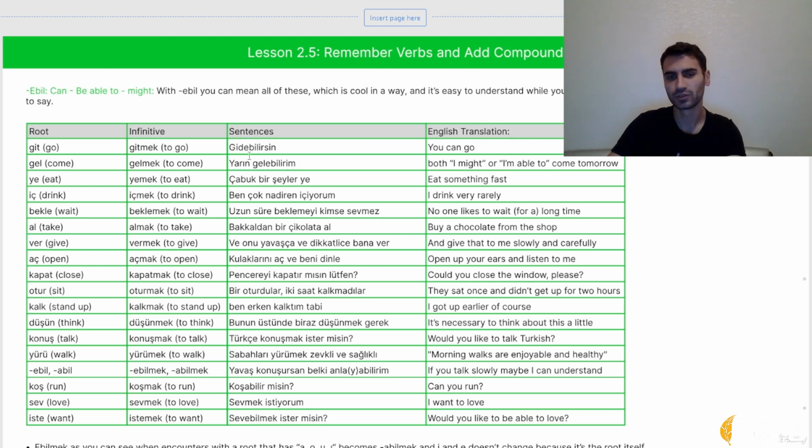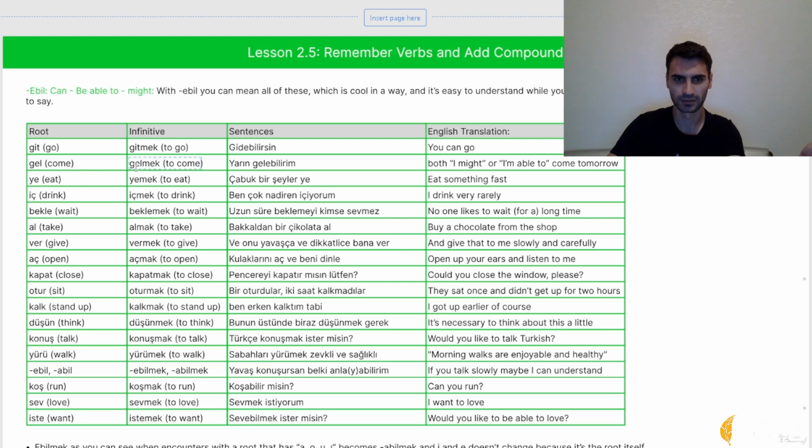And when you merge it with ebilmek, which means be able to or can, you see, very similar to English. So it should be easy to remember, but practice, of course. Gidebilirsin. You can go.